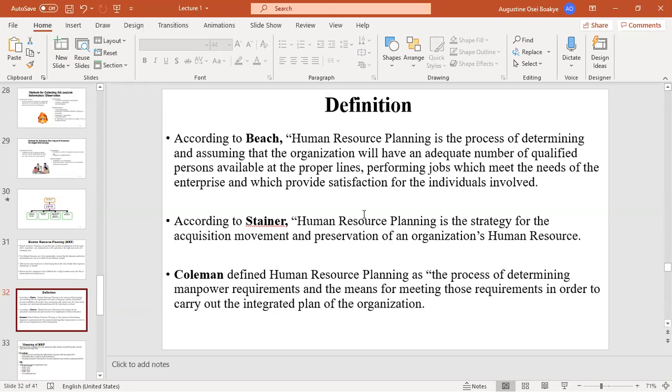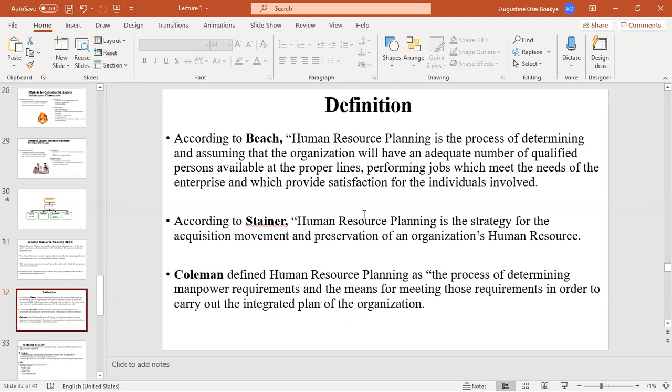Then 2, the quality of people, which means that what sort of experiences, knowledge, skills, and abilities must they possess? So the second issue of interest to the HR planner is the qualitative one, which is the quality of people that needs to be employed or given the nod to work.